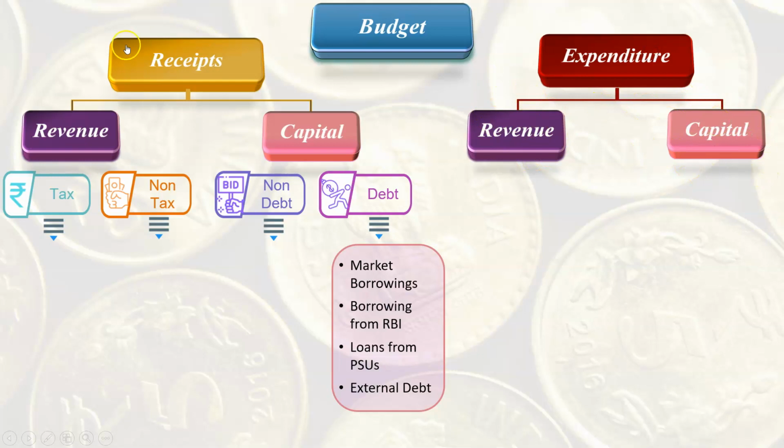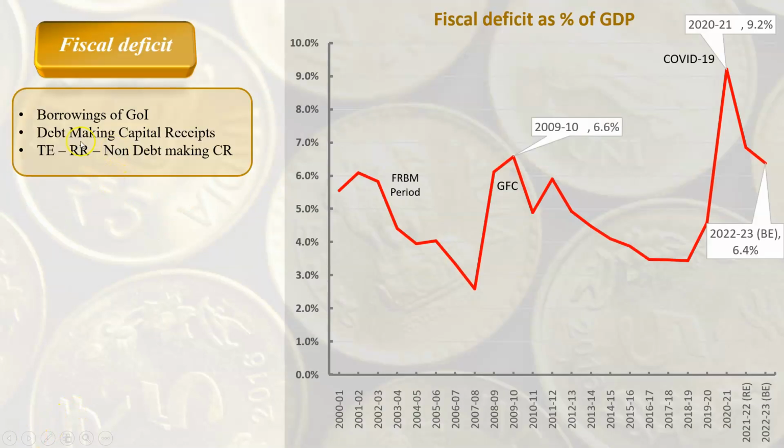Now, if you subtract your revenue receipts, basically your tax receipts and non-tax receipts, and also you subtract non-debt making capital receipts, the sum of that equation will also be the borrowings that the government will have to do. So आप total expenditure में से revenue receipts minus कर लो and non-debt making capital receipts minus कर लो, तब भी आपके पास debt making capital receipts आ जाएगा as an entity, and which is also equal to the borrowings of government of India. Now, so we are clear that this is the borrowings of government of India.